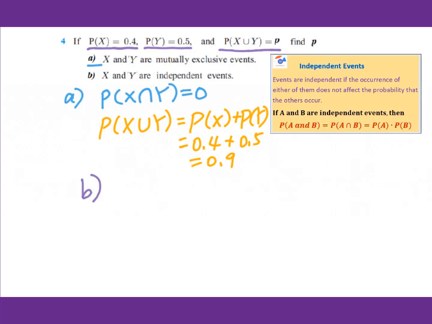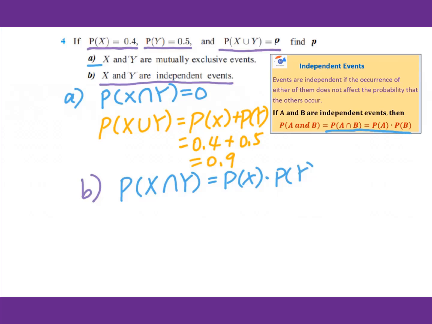For B, X and Y are independent events. For independent events, the probability of A and B equals the probability of A times the probability of B. Therefore, we can get the probability of X and Y equals the probability of X times the probability of Y. So we have 0.4 times 0.5.